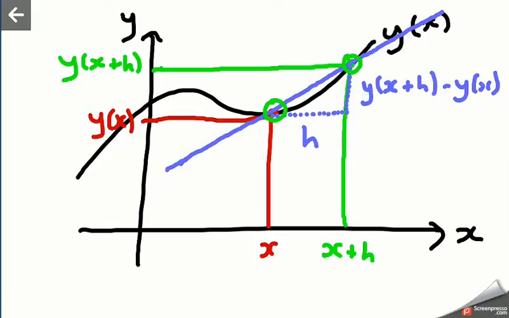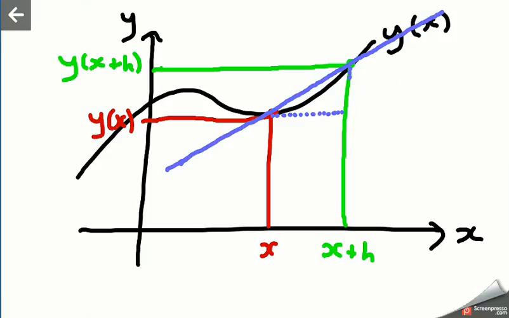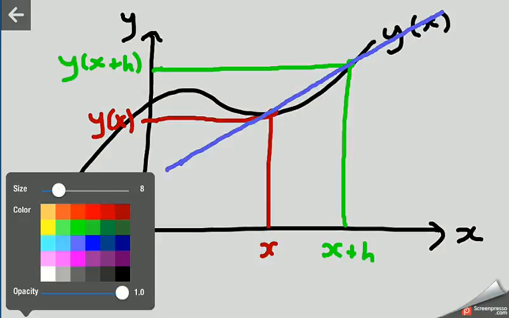Okay, what we're going to do now is kind of interesting. Let me just get rid of some of this extra detail. We're going to make h smaller. So let's make h a little bit smaller. I should use a new color. I never use this color very often.